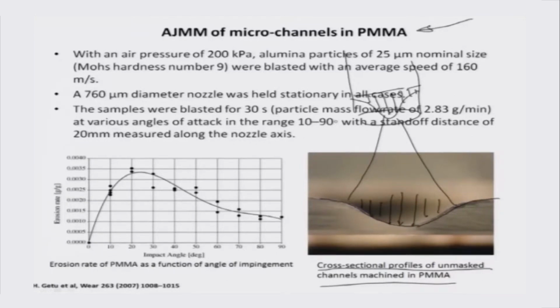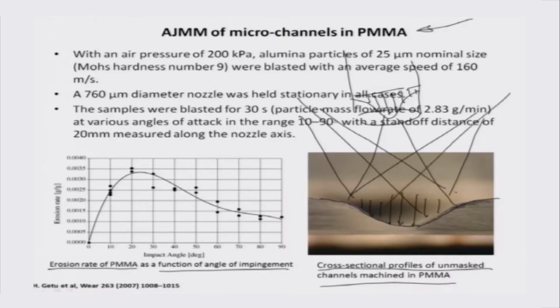Here, what is also important to share is the erosion rate of PMMA as a function of the angle of impingement, supposing the jet were to turn between, let us say, angle x to angle y.